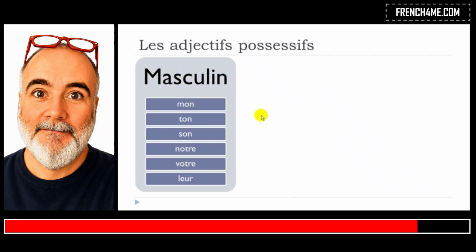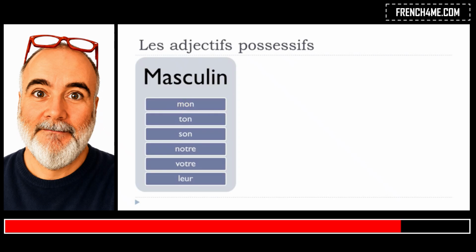Okay, so let's be clear, when we talk about les adjectifs possessifs, in English it will be my, your, his, our, your, their. But then in French, we'll have the difference between the masculine, the feminine, and the plural.